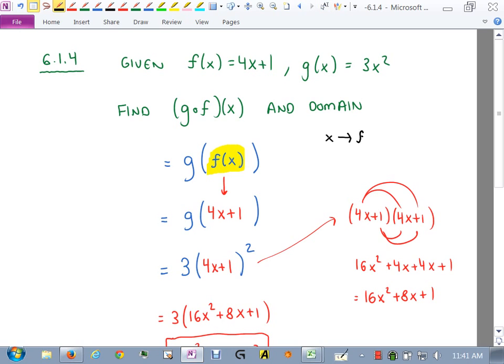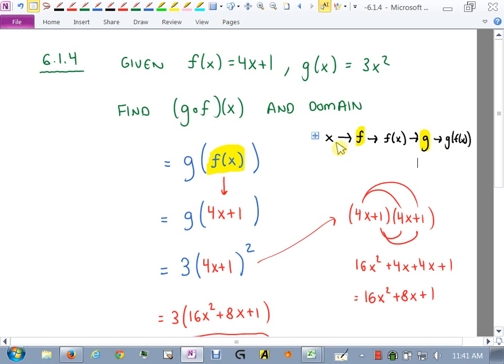That went into f, gets spit out as f of x, then that gets plugged into what? G, and then gets spit out as g of f of x. Highlighting again, those are the functions. Domain, x goes into f, that spits out its range. That range now becomes the domain of g, that spits out g of f of x.